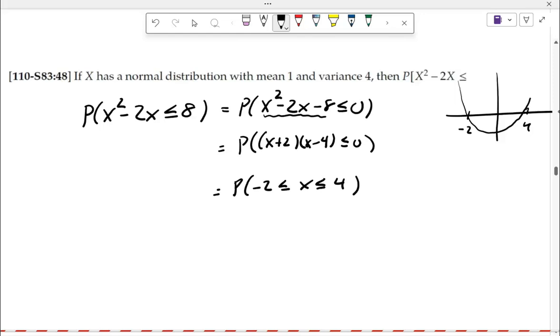I would need that x plus 2 is less than 0 and x minus 4 is greater than 0, or x plus 2 is greater than 0 and x minus 4 is less than 0. The first case can't happen. X plus 2 can't be negative and x minus 4 be positive at the same time. So you would need x plus 2 being positive and x minus 4 being negative, between negative 2 and 4. You can analyze it that way if you'd rather think through it.